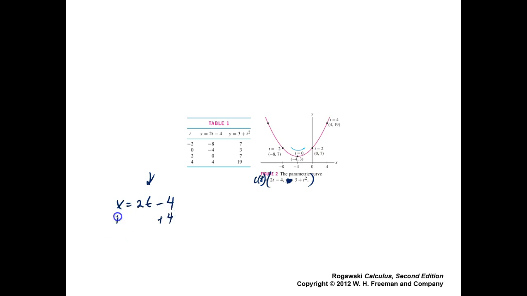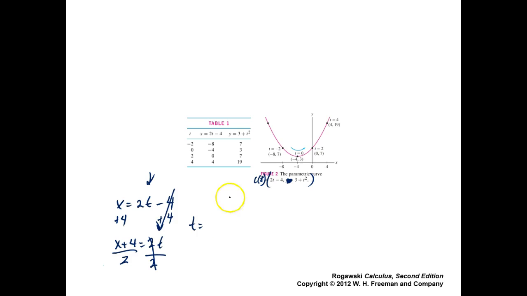Add 4 to both sides of the equation. That gives you x plus 4 equal to 2t. These add to 0. And to solve for t, divide by 2.